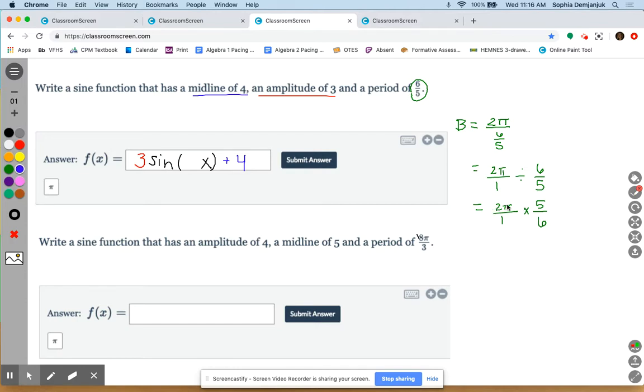We can simplify before we multiply across. So I have a 2 and a 6. That can be a 1 and a 3. Now 1 times 5, 5 pi, 1 times 3 on the bottom. I get 5 pi over 3 once I solve for my b.